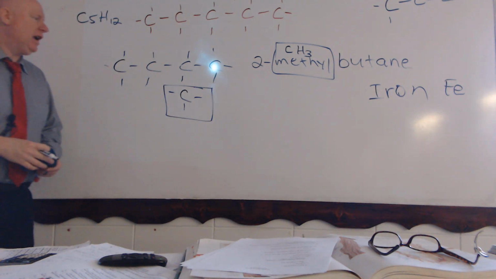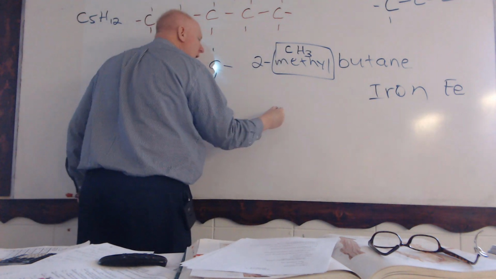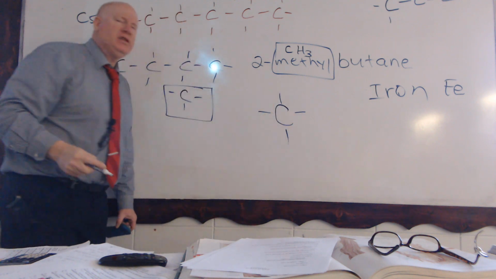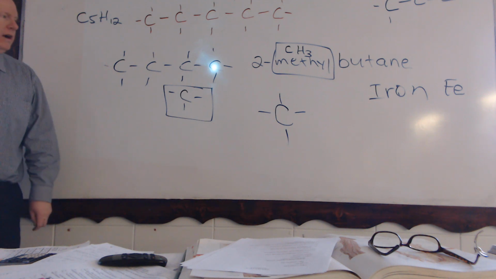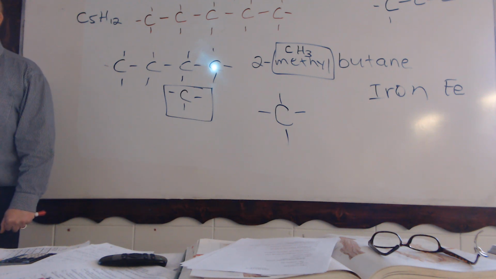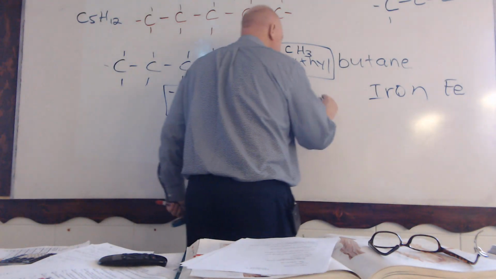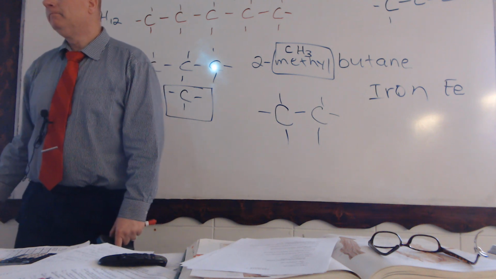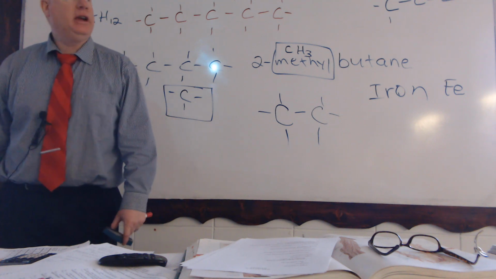So when we say a derivative, CH3 is derived from CH4, which is called what? Methane. Okay? And now we've got ethane. Okay?